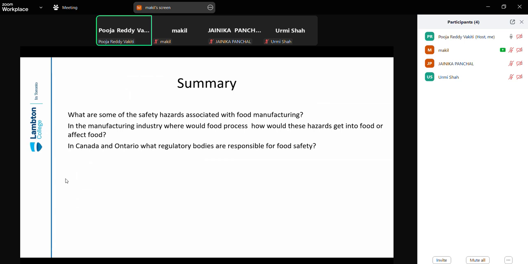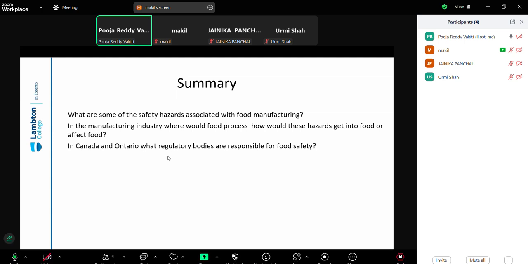GMP provides the guidelines to prevent those situations. And in Canada and Ontario, what regulatory bodies are responsible for food safety? There are the Canadian Association, CFIA, Public Health Ontario, and FDA, and these are some of the regulatory bodies that cover food safety. And thank you.